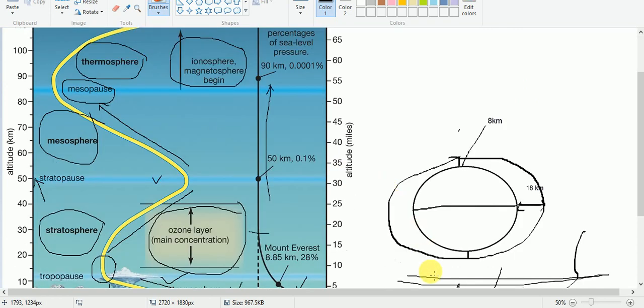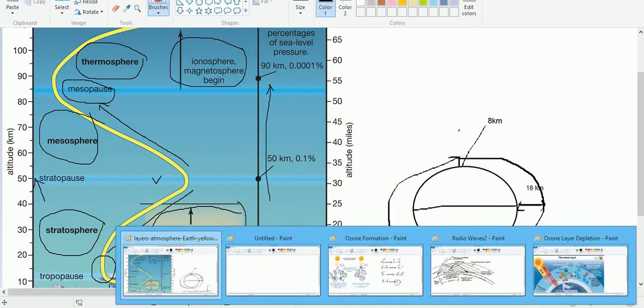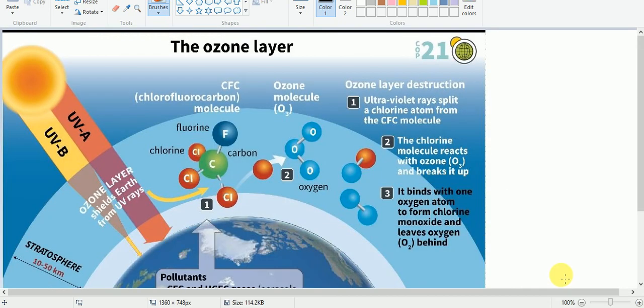One more point you have to know is about the ozone layer. Ozone layer depletion and how the ozone layer is depleted will be discussed in the coming chapters, but you may not be learning that chapter because it has been deleted by CBSE for this year.